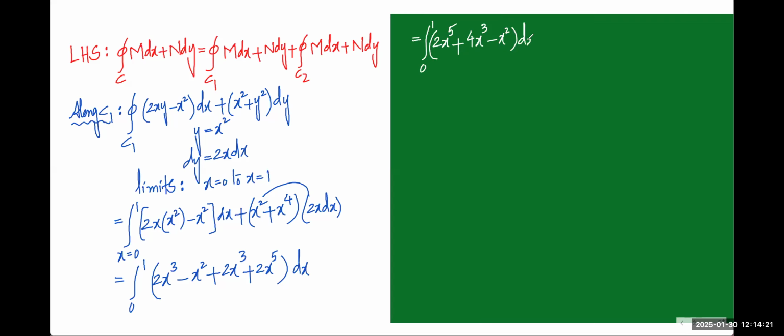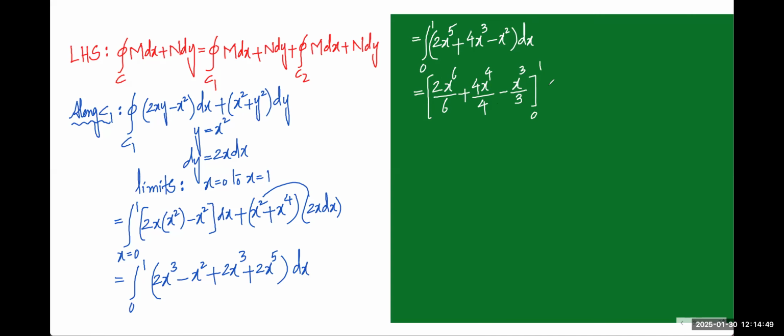So let us integrate it. This is equal to 2 as it is, x power 5 integration is x power 6 by 6, plus 4 as it is, x power 3 integration is x to the power of 4 by 4, minus x square integration is x cube by 3, with limits from 0 to 1.